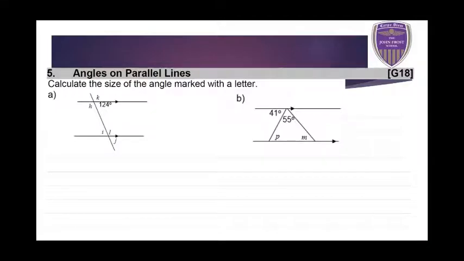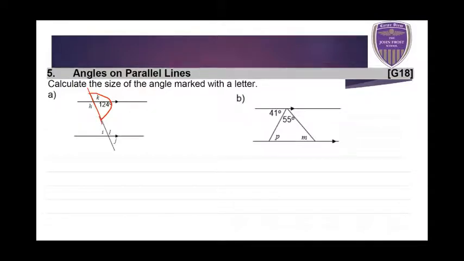Okay, so let's have a go at question A. So there's a lot to unpack here. There's actually 5 different angles we're trying to find. We've got K, H, I, L, and J. So let's start with K. If we look at these straight lines, we can see that angle K and 124 are both on a straight line, okay?